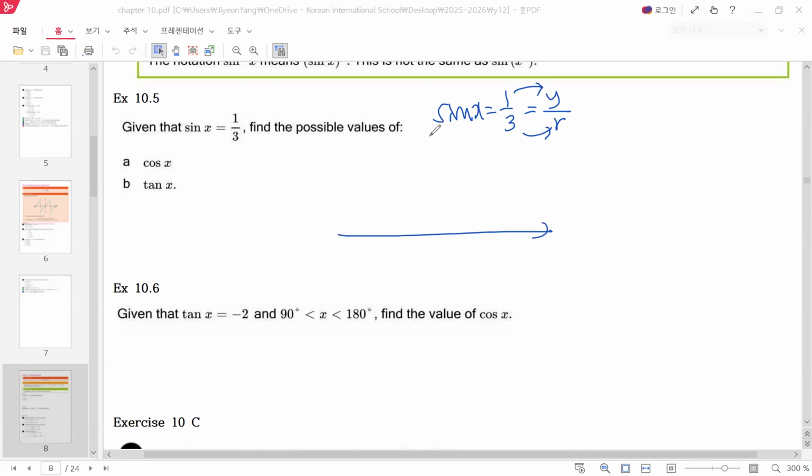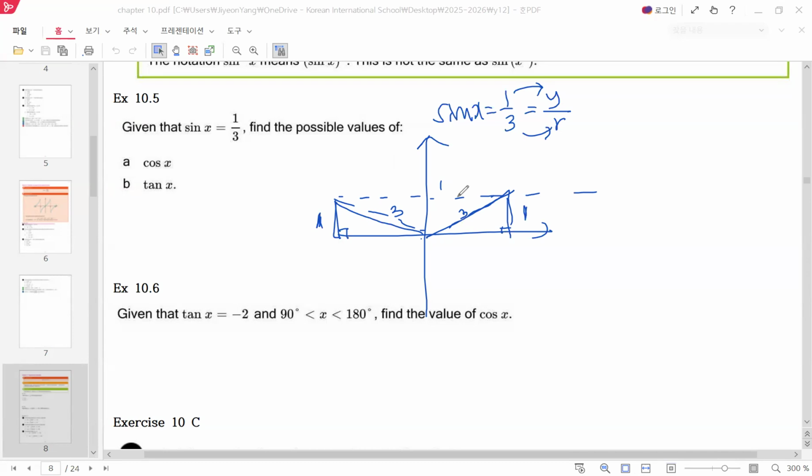And then draw a coordinate plane. And 3 is r, and the y coordinate is 1. Then 3. So you can draw two different right angle triangles on the first quadrant and the second quadrant, which makes sense because this sine value is positive, right?